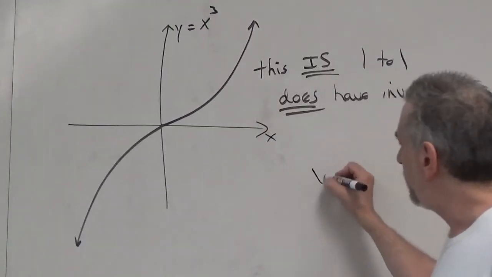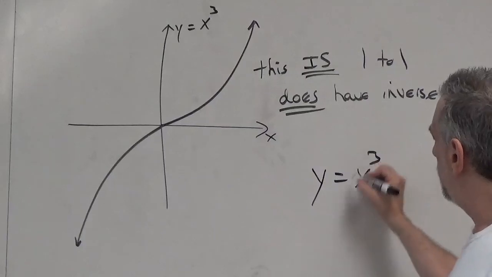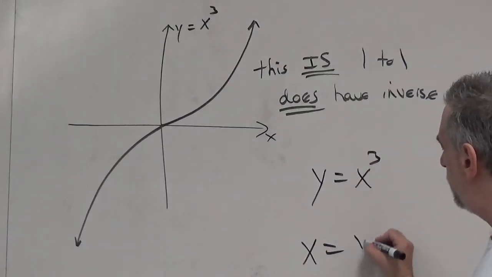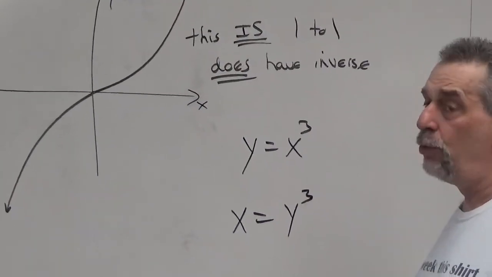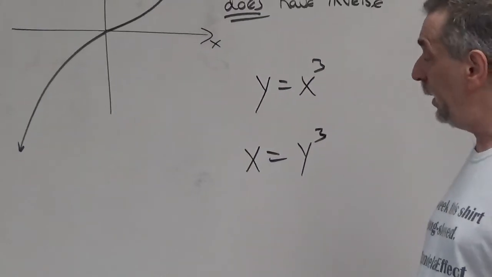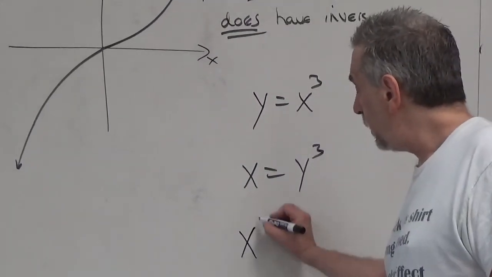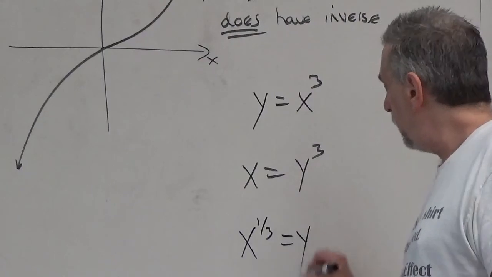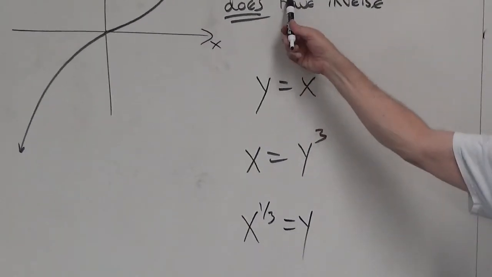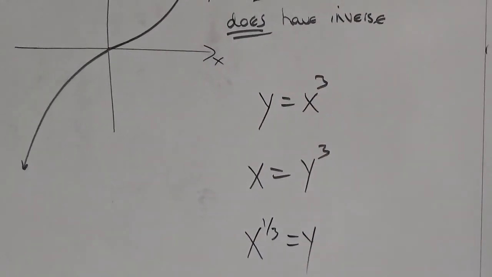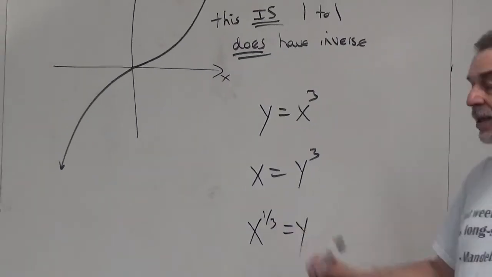Okay, if we try to find this inverse, we switch the x's and y's, and when we take a cube root, we don't have to take a plus or minus, because it's an odd number. So the inverse function to y equals x cubed is x to the 1/3.